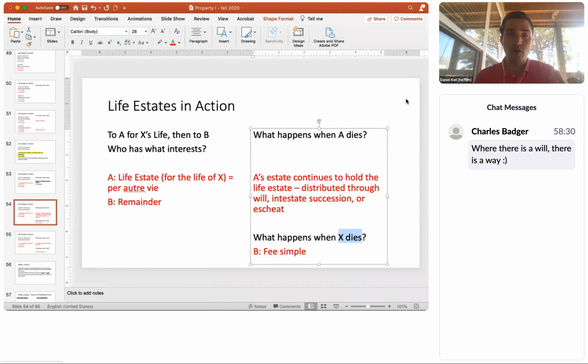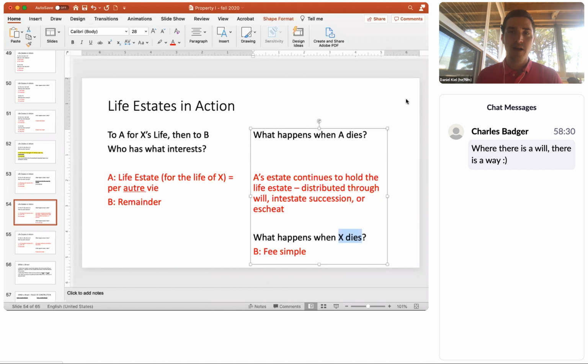So you're accounting for things that happen. It's just a way to control the property by connecting it to somebody's existence. And it seems a little random that you would give a life estate for someone else's life. And in fact, it is somewhat unusual. But it could happen in those kinds of examples where usually you want the child to have it, but only so long as the other parent or somebody else is still living.